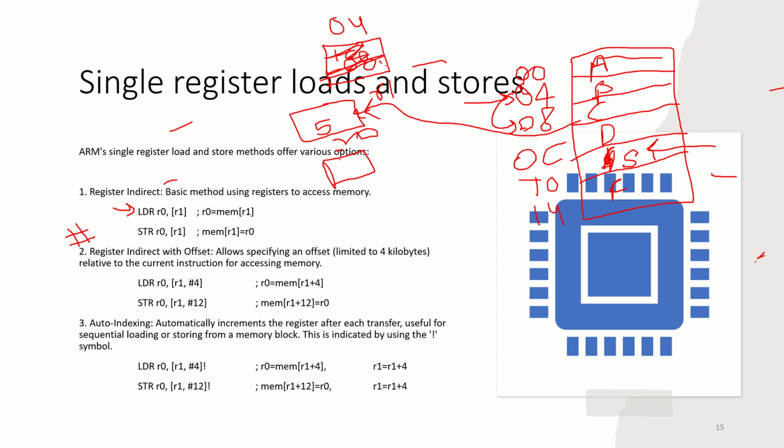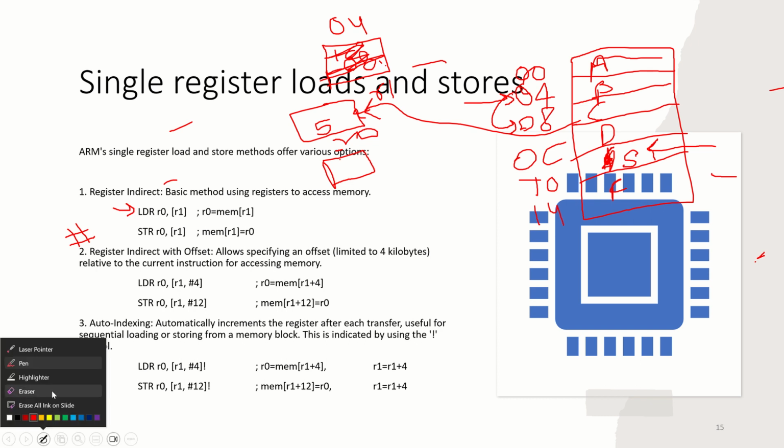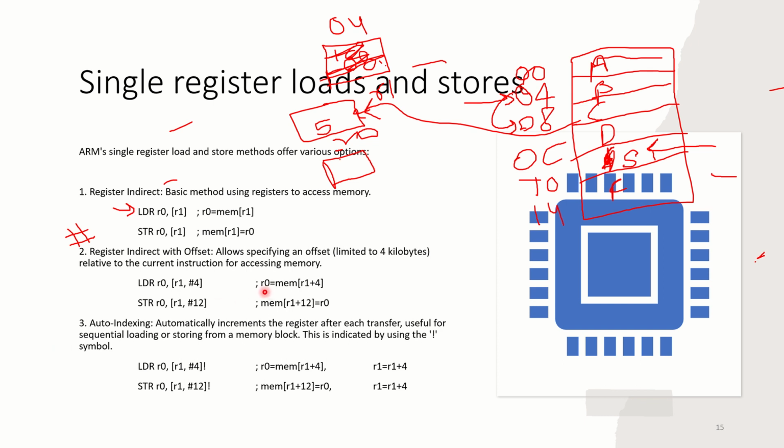You can see the comment here, it will be very clear from the comments. R0 equals memory at R1 plus 4, meaning the content inside R1 plus 4. So if you add 4, you get the next location, and that location's value is going to be stored in R0.